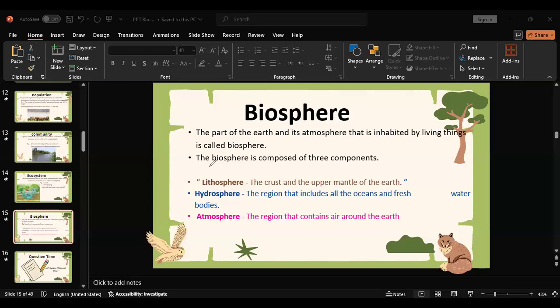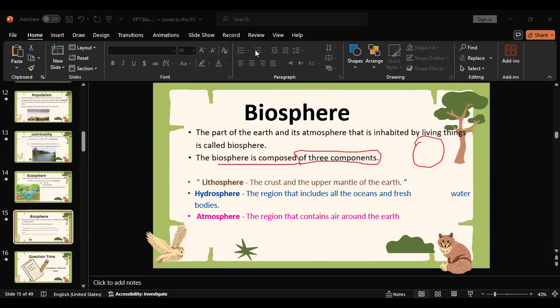Here the biosphere is composed of three components. If you take our earth's biosphere, there are three parts, because all the organisms are distributed in different places. There are a lot of organisms present on our earth. Each and every organism is distributed in different places.